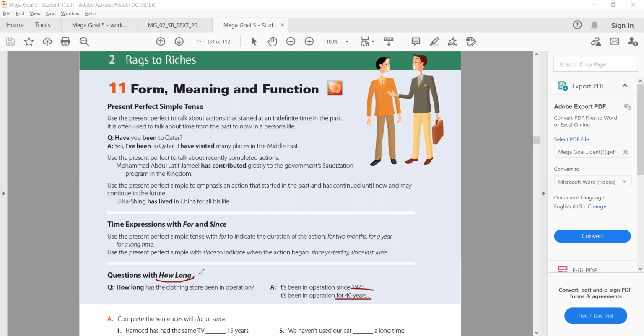How long is a question about the duration of time. If the answer talks about a period of time, then the question is going to be how long.